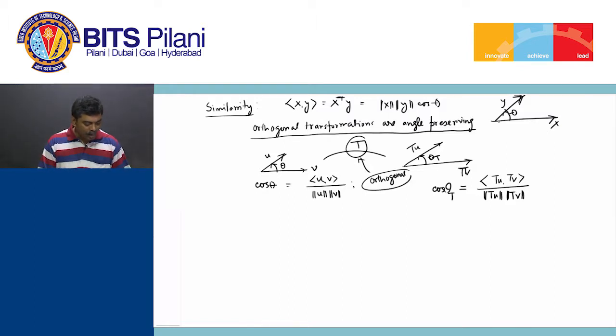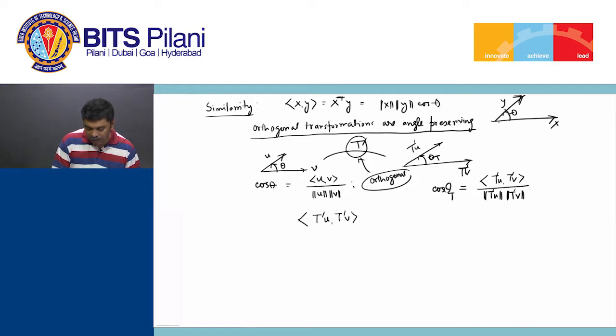I should not have used T, I should have used something else, but anyway, for a moment let's call this T dash. So let's take a look at the inner product of T dash u and T dash v.